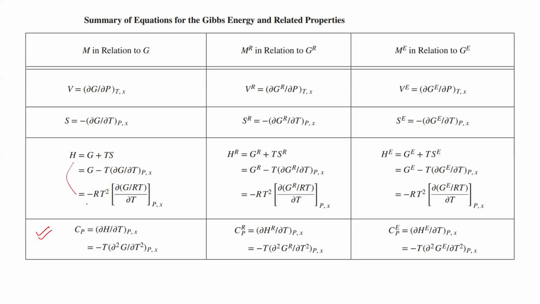This is H, right? So dou H by dou T at constant P comma X will be coming as dou square G by dou T square at P comma X. Okay.